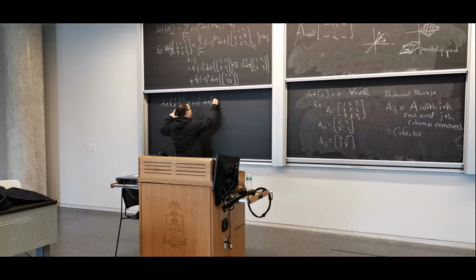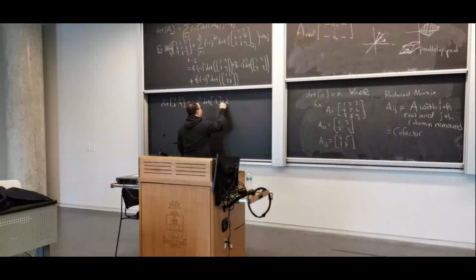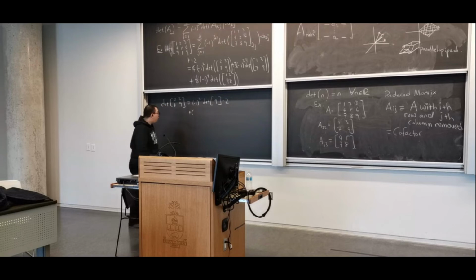So I'm left with 9, times the value for the first row, first column, which is 2, plus, now j equals 2.